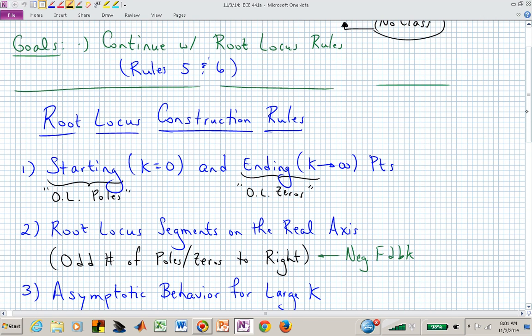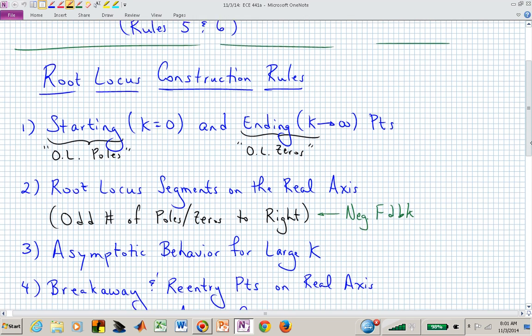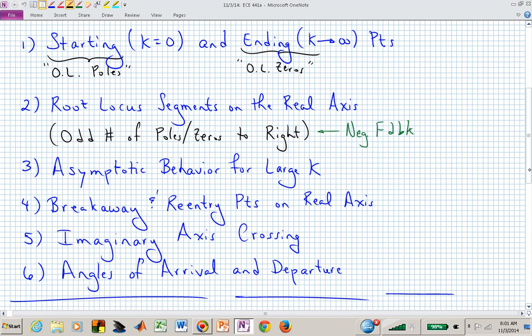Today what we want to do is actually cover rules 5 and 6, if we can get that far. We've already done where they start and stop on the poles and the zeros of the open loop transfer function. We know what segments of the real axis belong to the root locus.